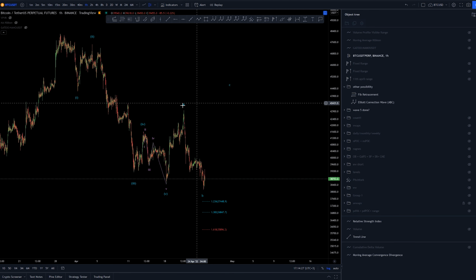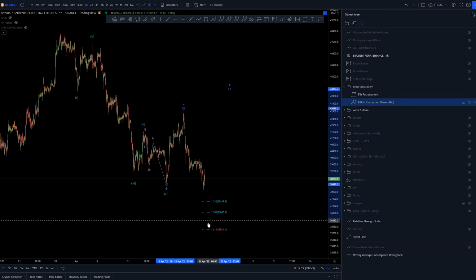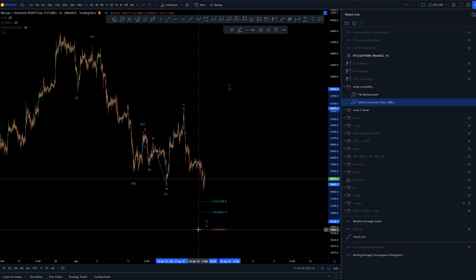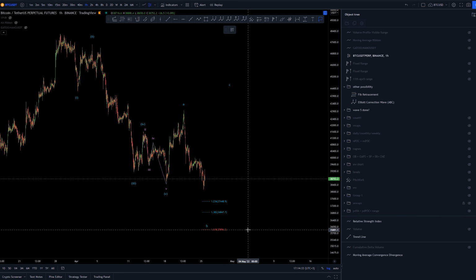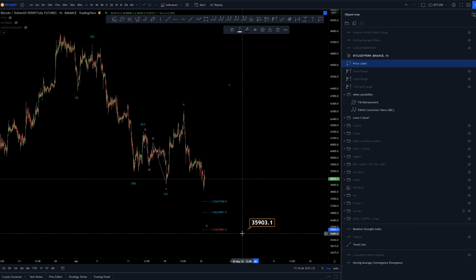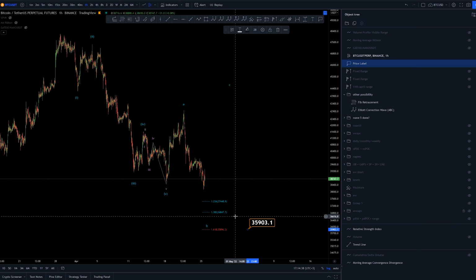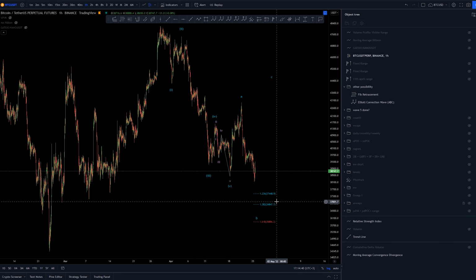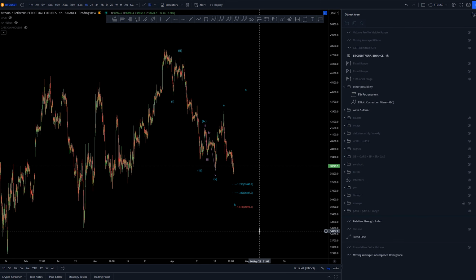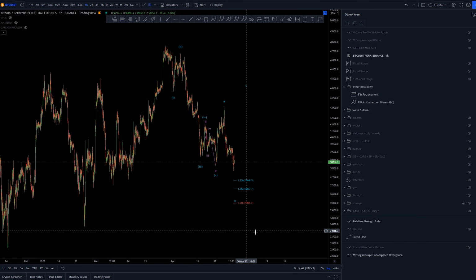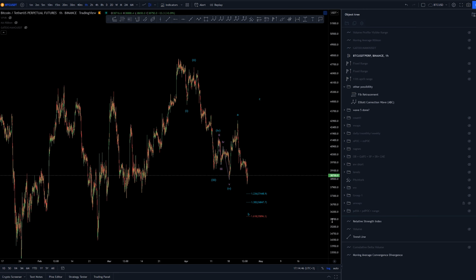Again, the B wave here can come all the way down here. Basically the not so hard invalidation level is down here at around 35,900, and at that point I would be looking at some other alternative possibilities instead of this one.